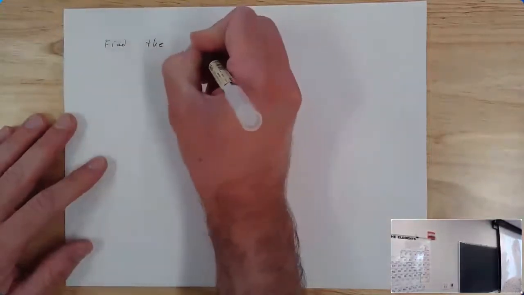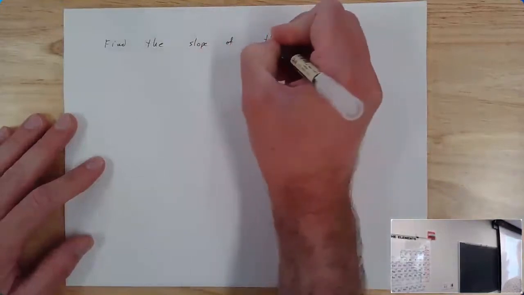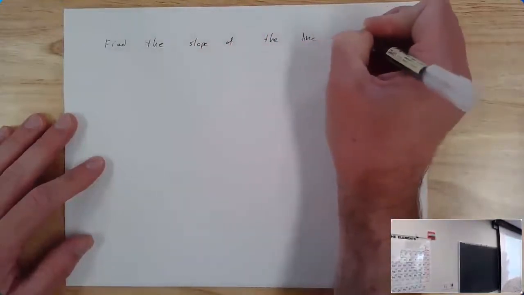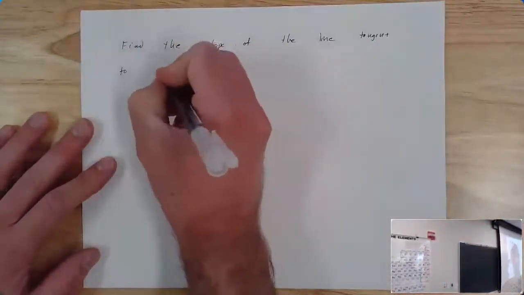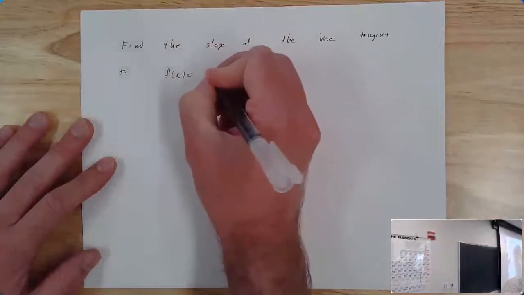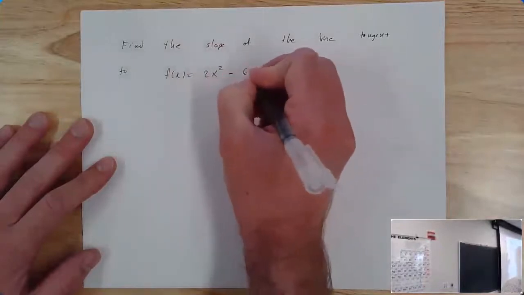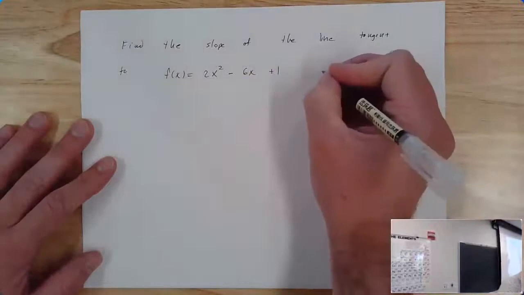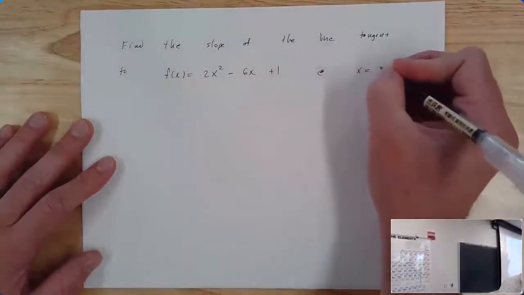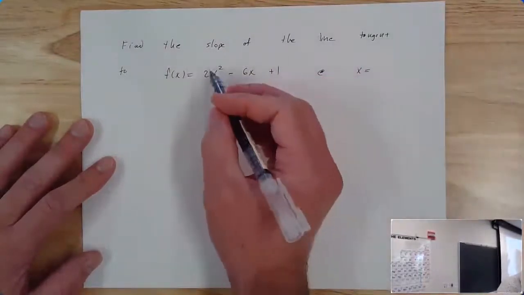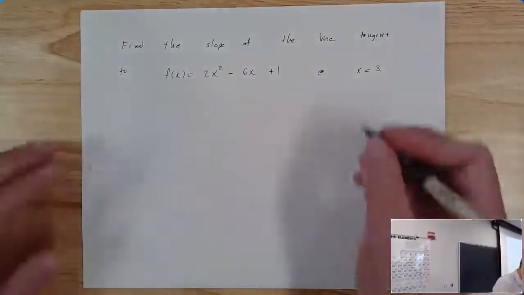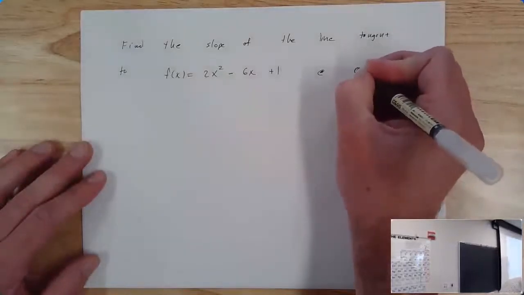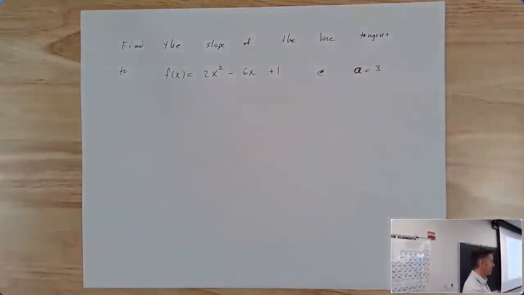We just want to find the slope of the line tangent to f of x equal to 2x squared minus 6x plus 1 at, let me see here, let's make it not terrible, x equal to 3. Sorry, I should not use x equal to 3. I should probably use a equal to 3 because that's typically how it's done when they pick a specific value. So there's two ways we can do this.